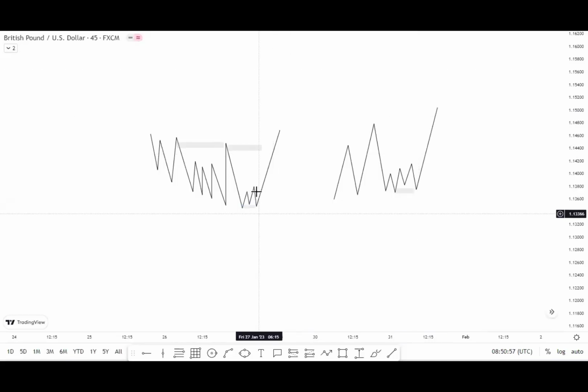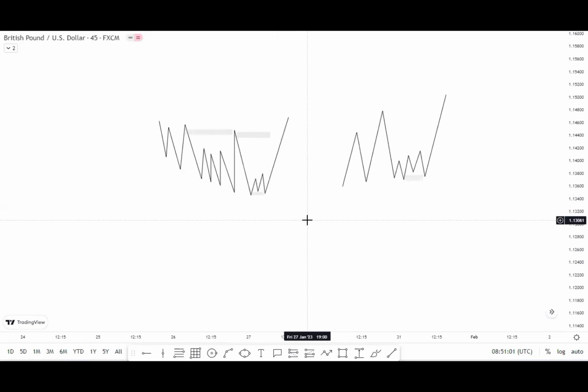Okay, guys, so I promised you I'd cover internal and external range liquidity, which is minor and major liquidity. Basically, external range liquidity is the higher time frame highs and lows you target and look out for.